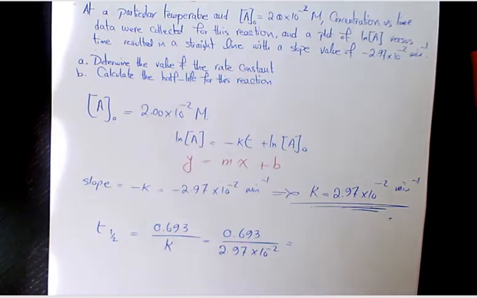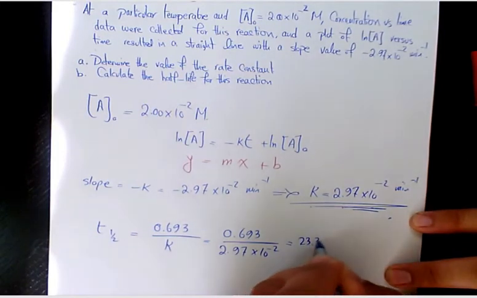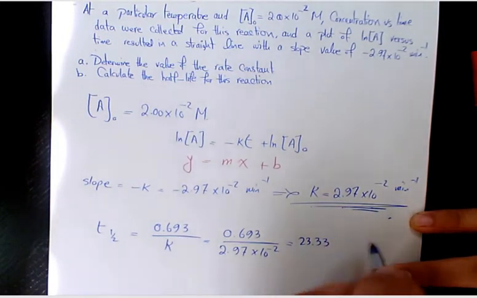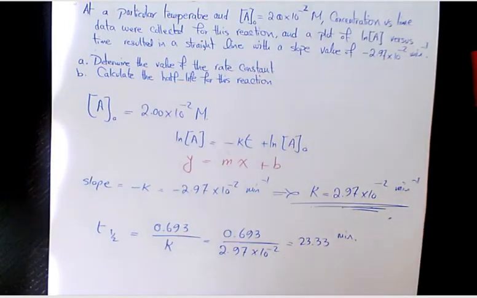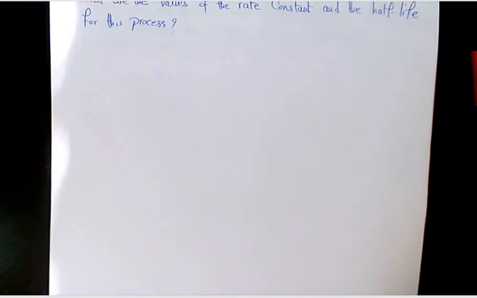That's going to be 23.33. What's the unit? The unit is going to be minutes because the k is per minute. So the half-life time is 23.33 minutes. Next example.